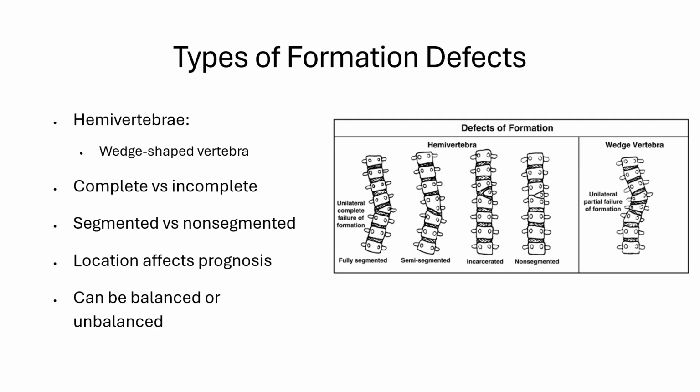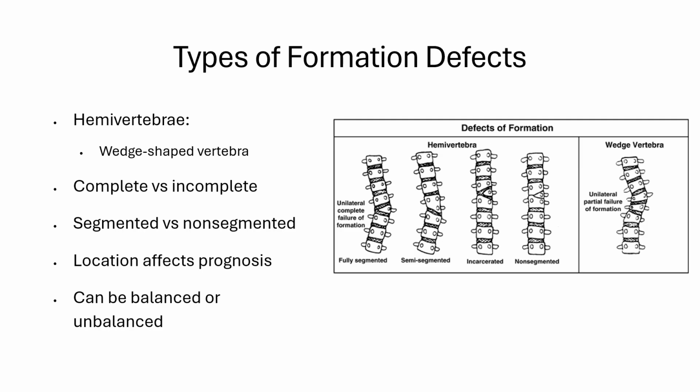Segmented hemivertebrae have normal disc spaces above and below, allowing continued growth that worsens the deformity over time. Picture this as a wedge-shaped building block that can continue expanding, making the wall lean progressively more. Non-segmented hemivertebrae are fused to adjacent vertebrae, limiting their growth potential and creating more stable deformities.